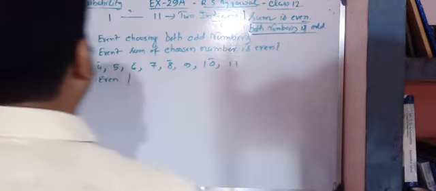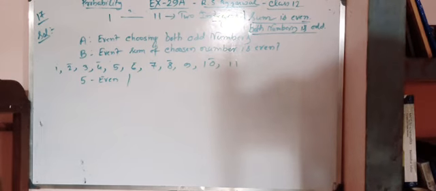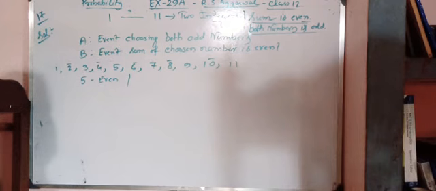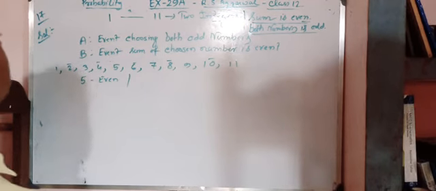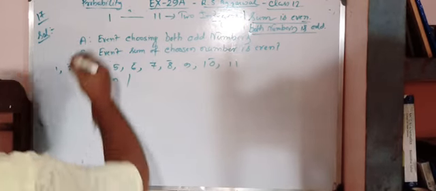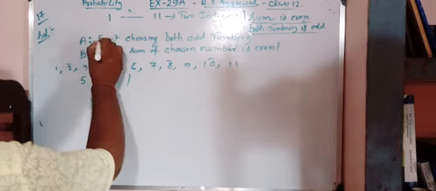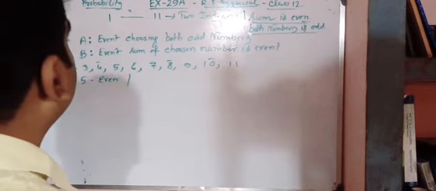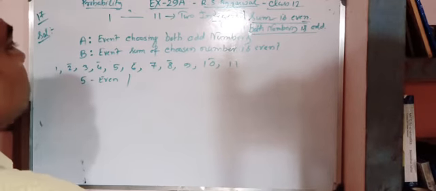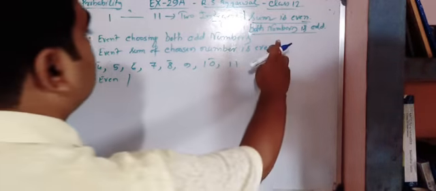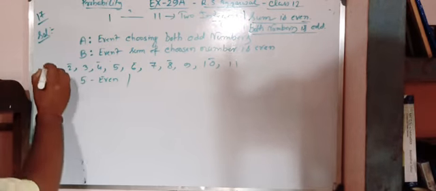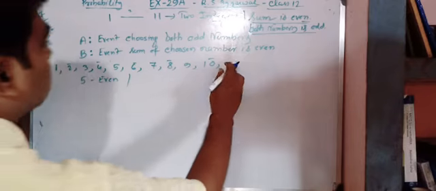Now here, we first consider A as the event choosing both numbers odd, and B is another event: sum of chosen numbers is even.